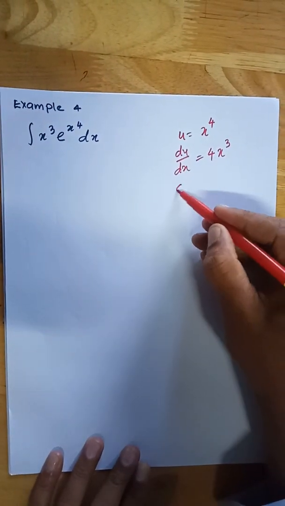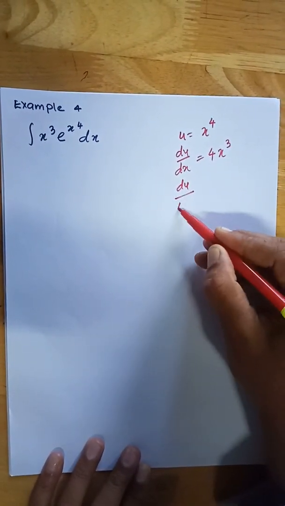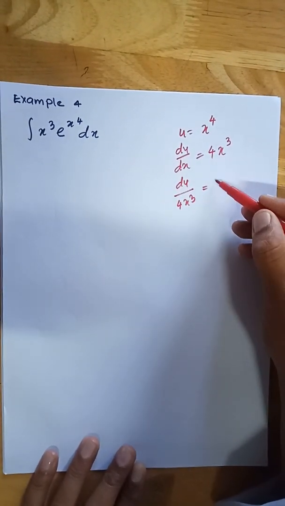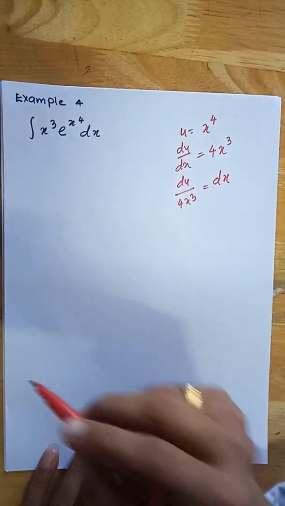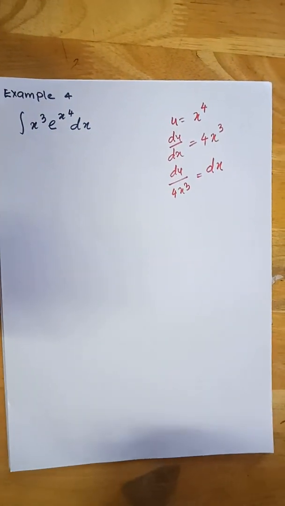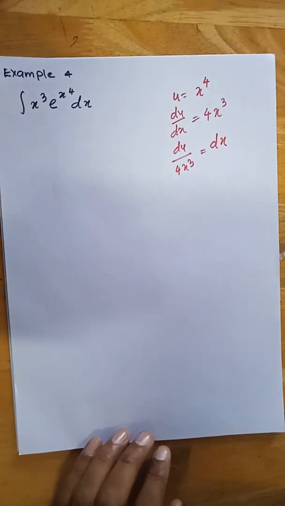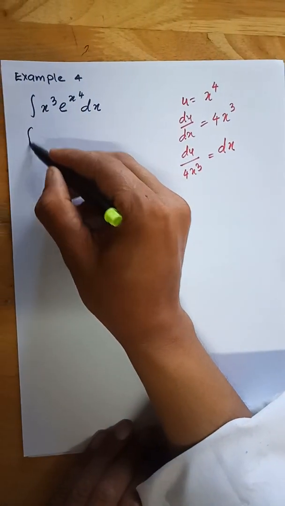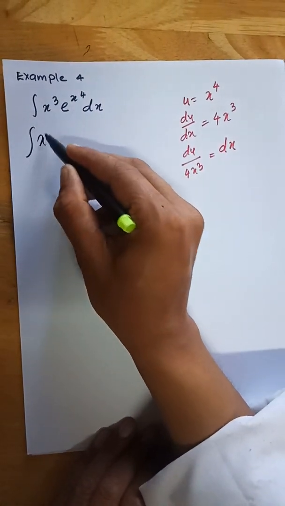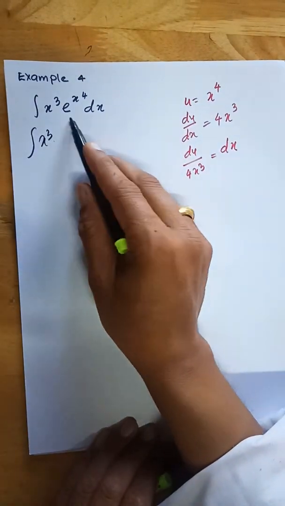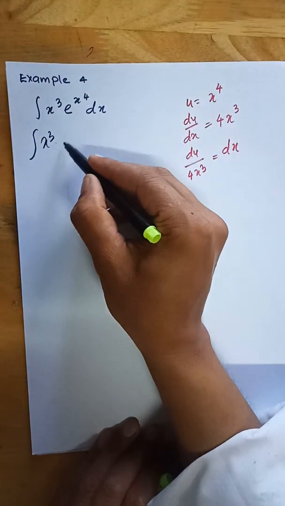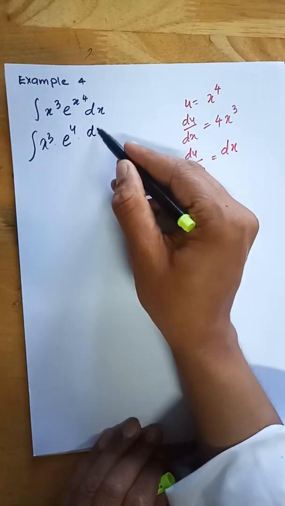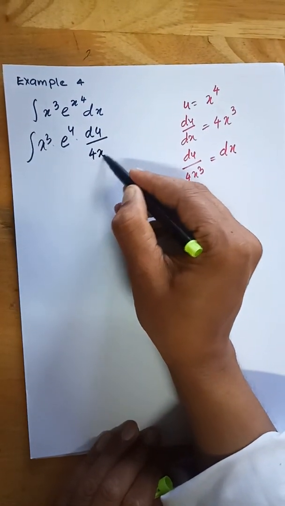Now you find dx from here: du divided by 4x cube is equal to dx. Now you replace dx and u. So it becomes integration of e to the power u, where dx is replaced by du divided by 4x cube.